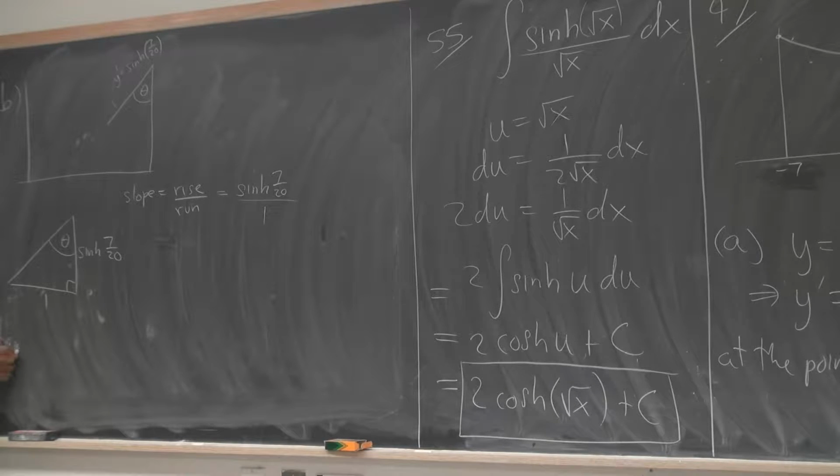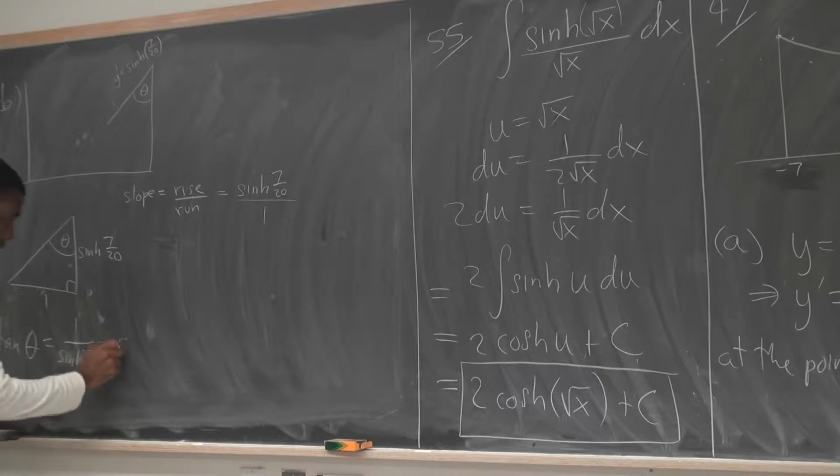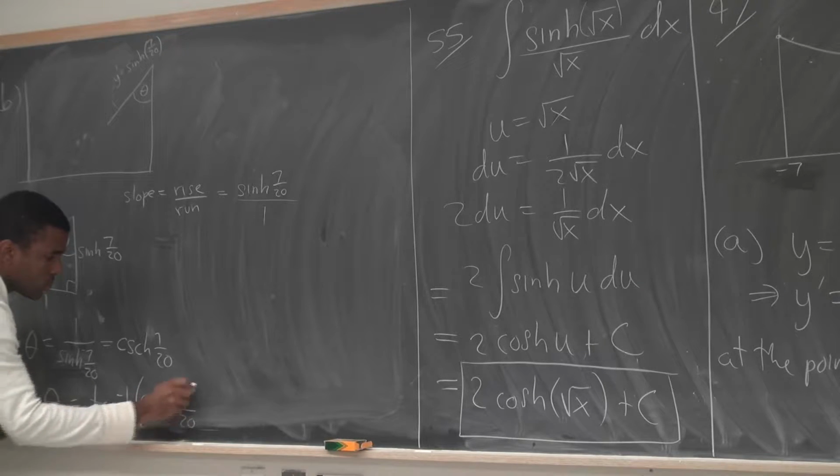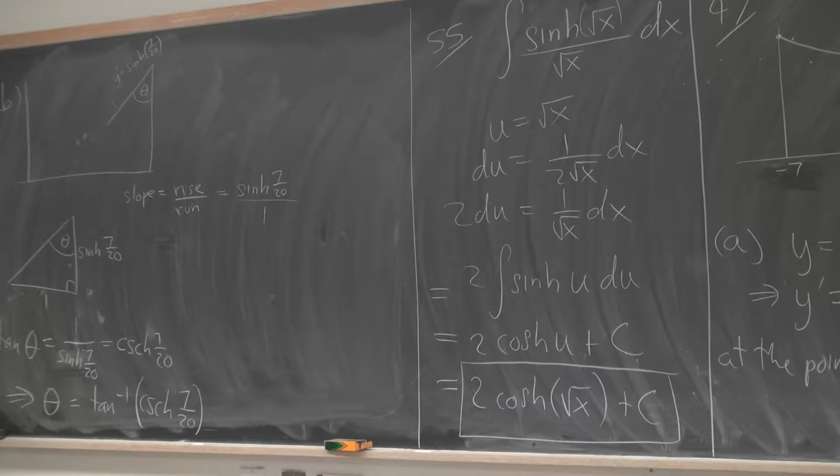I know that tangent of theta is opposite over adjacent, sinh of 7 over 20, which if I wanted, I could call that cosech of 7 over 20, which means that my theta is just going to be tangent inverse of this, which if we don't have a calculator, that's sort of where you do it.